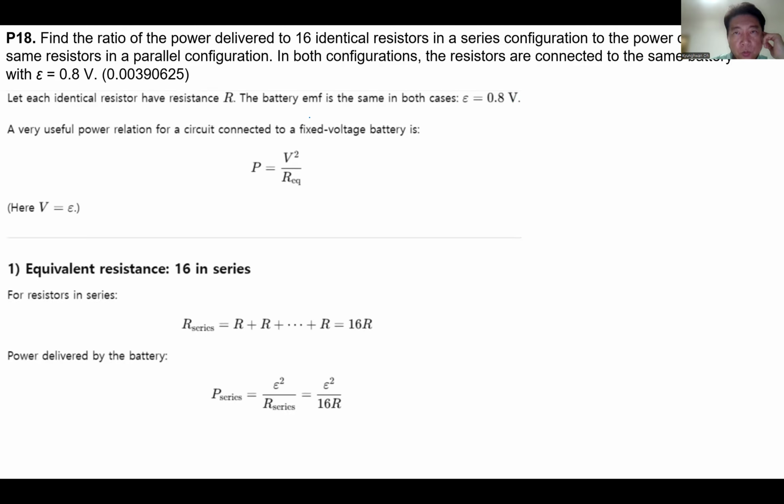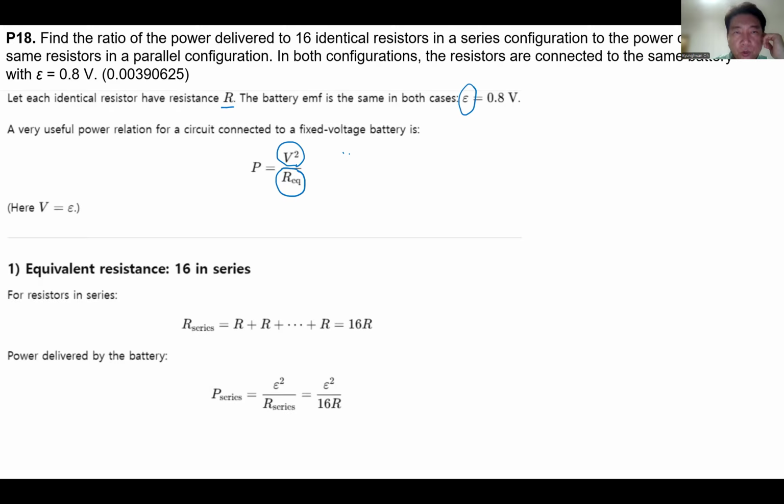In this case, we note that the voltage is given, and somehow we have the resistance also given. For the given voltage and the given resistance, we can calculate the power.